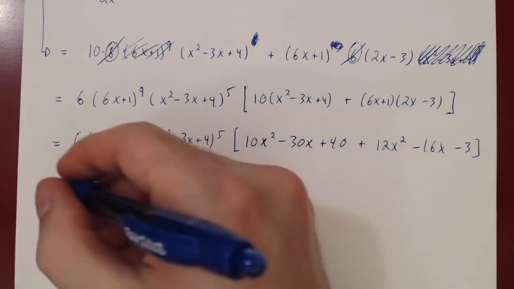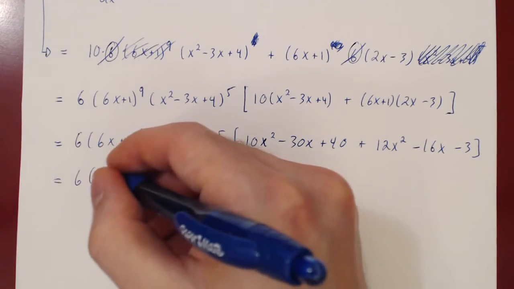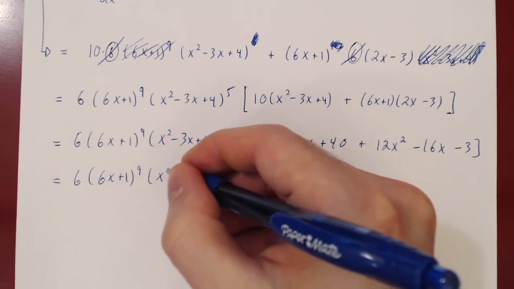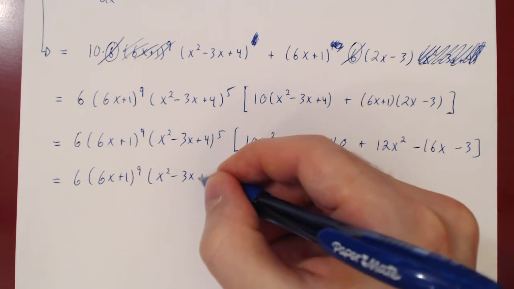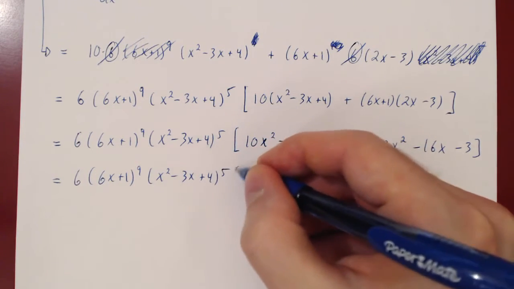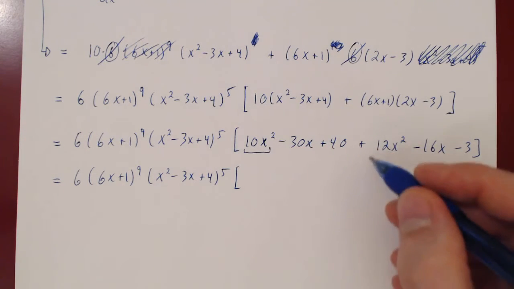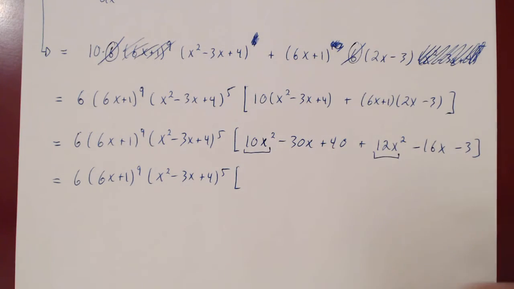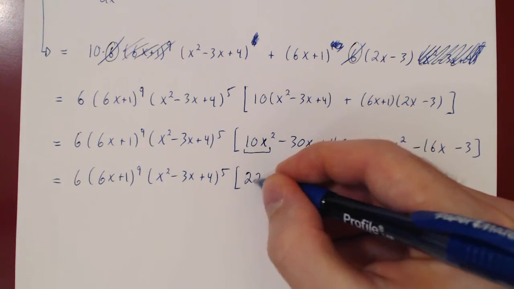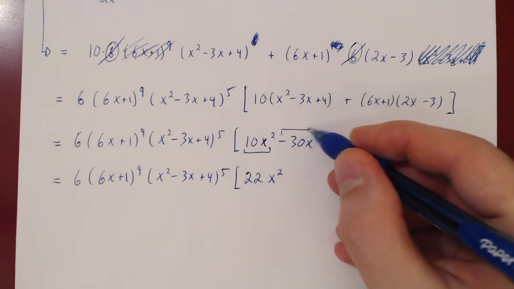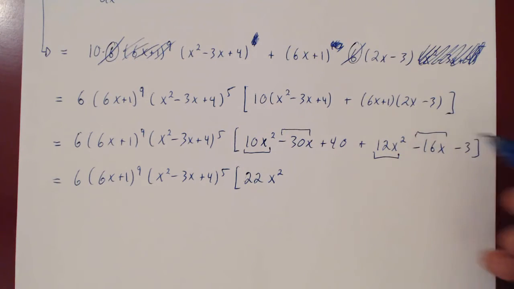And now we can simplify. Multiples of x squared. There's 10x squared plus 12x squared. That's 22x squared. Multiples of x, negative 30x, negative 16x.